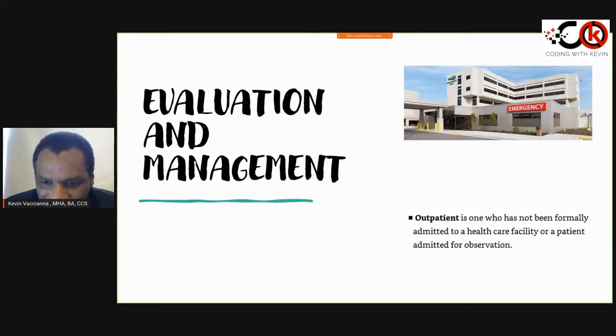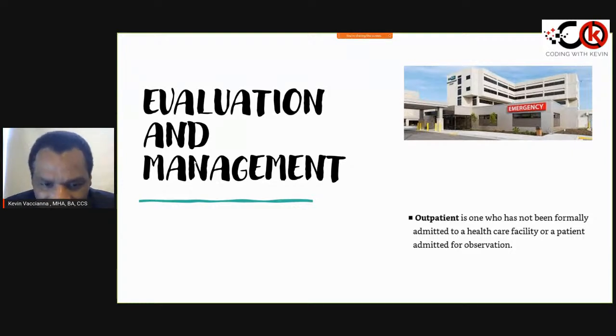In a hospital or facility setting, we look at outpatient visits. Outpatient visits are considered to be anyone who's not formally admitted to a hospital, right? Not formally admitted to a hospital. It could be being treated in an ER. It could be treated in the wound care clinic. You could be treated in the observation wing.